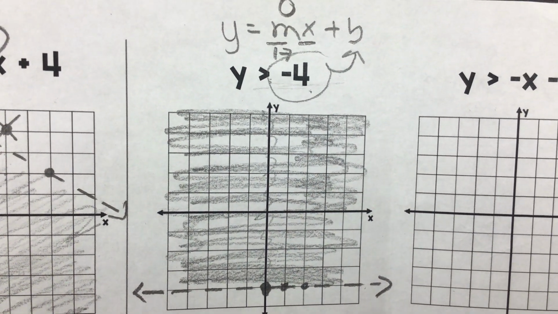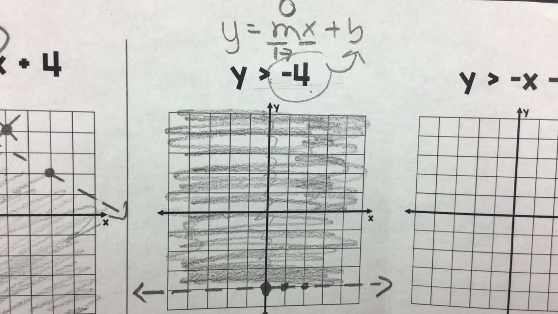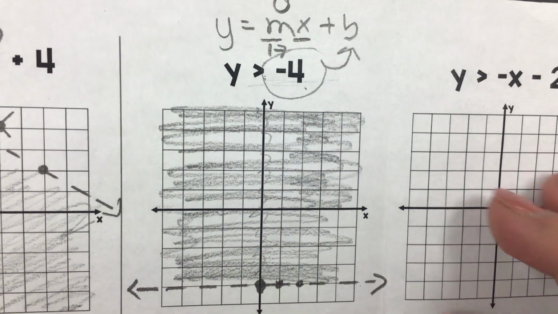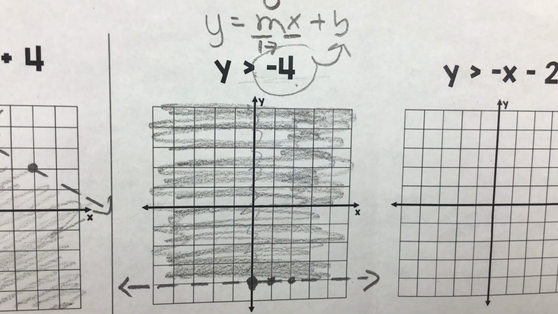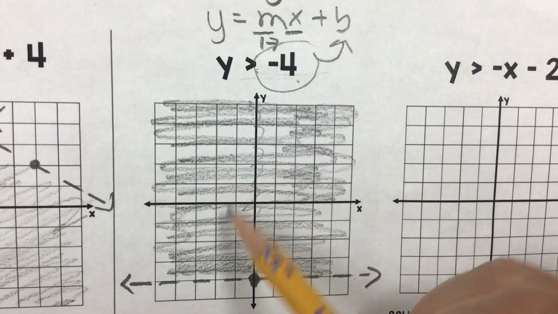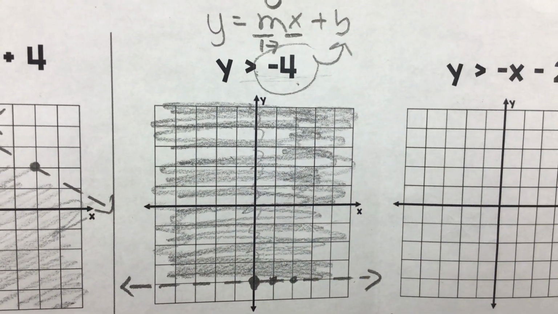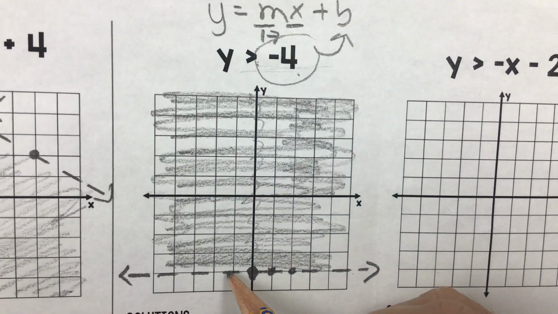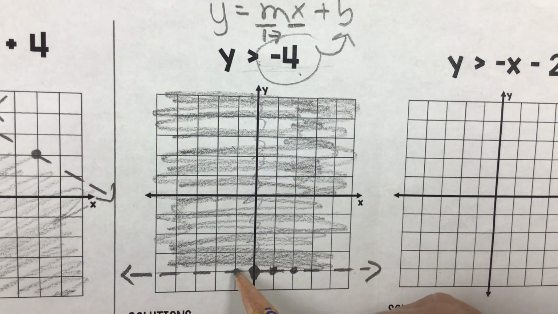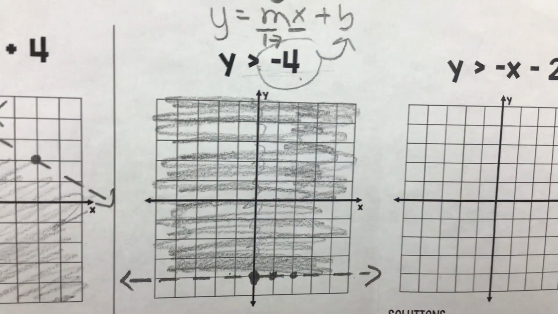You don't have to shade too hard, especially in case you make an error. We're going to keep this shaded lightly, and so we can redo it in case we need to. Anything on the shaded region would be a solution set. Don't forget that if it lands on the line and it's dashed, it's not part of the solution.